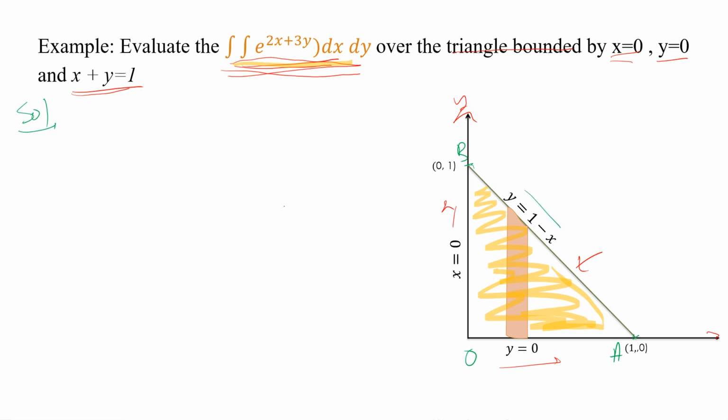Now you have to evaluate the integration. So first we put the limits. Here we take the strip along the y-axis. So we can say y varies 0 to 1 minus x, and x varies 0 to 1.